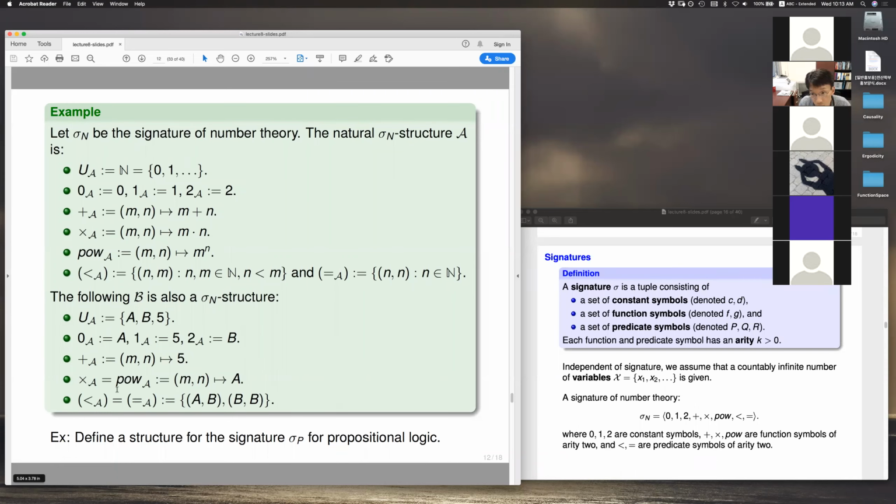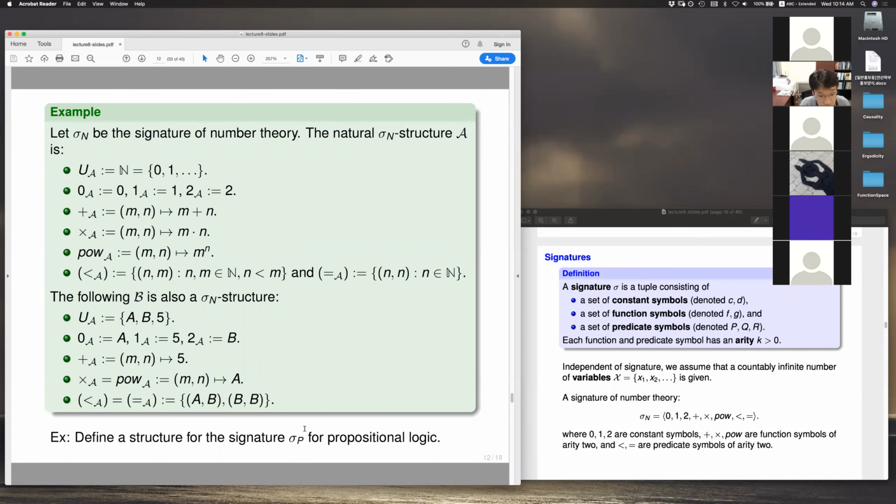Multiplication and power are the constant function A. Less than and equal are something weird: A is less than B, B is less than B, and that's it. It's a very weird structure, but it's also a legitimate structure. The one above is more natural, the one below is also legitimate, and both of them are legitimate structures over the signature of natural numbers.